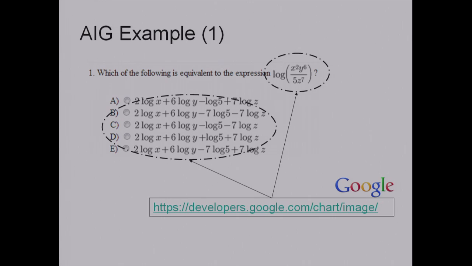One of my colleagues, Dr. Yoon, came back one day and said, hey, Jaehwa, how about we use the Google Image API, which provides on-the-fly image generation? If we take advantage of that Google API, we can generate all those math equations, and especially, it's for free.